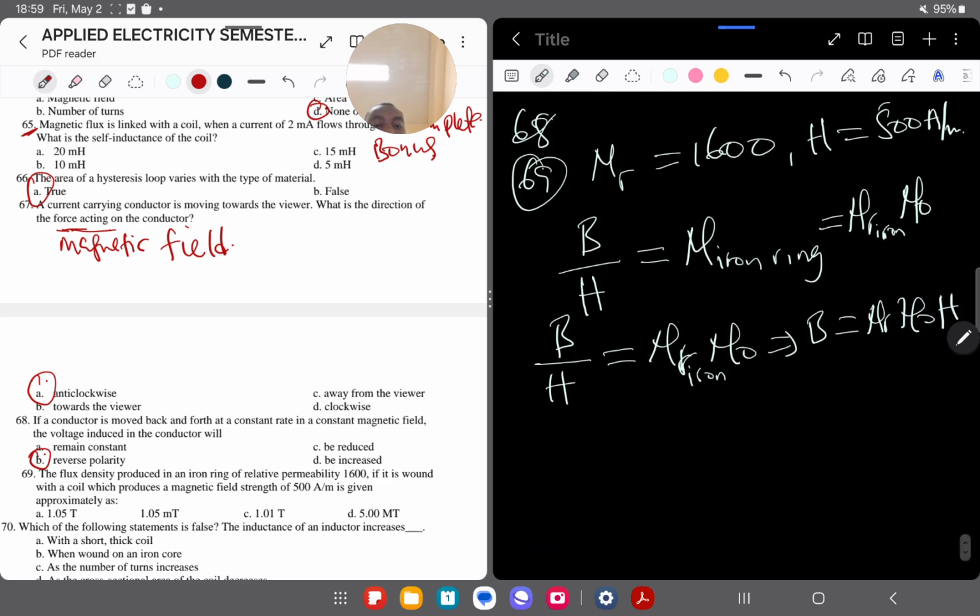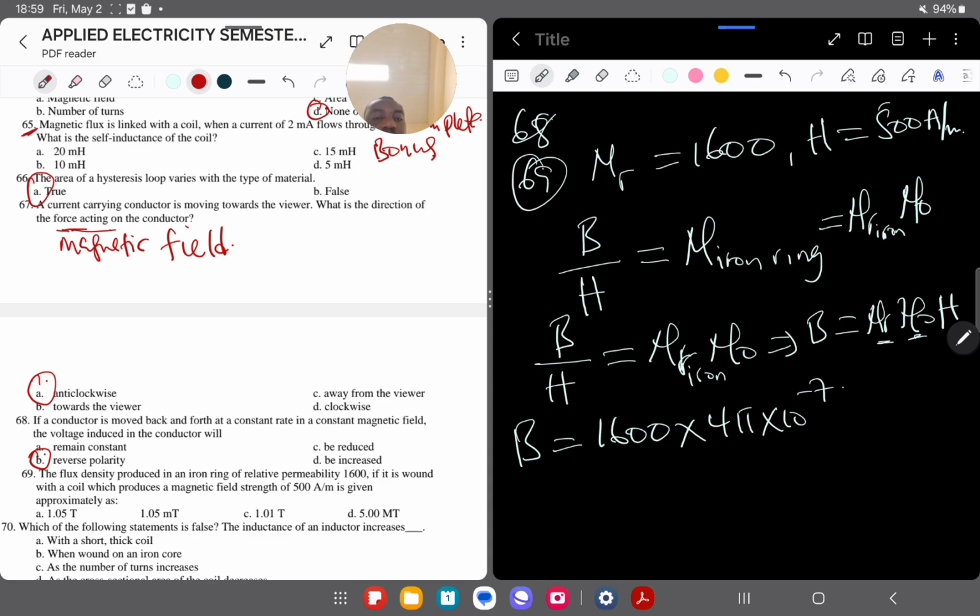So I'm just replacing in the formula straightforward. The relative permeability is 1600. The permeability of free space is a constant value equal to 4 pi times 10 to the power minus 7. You have to know this.